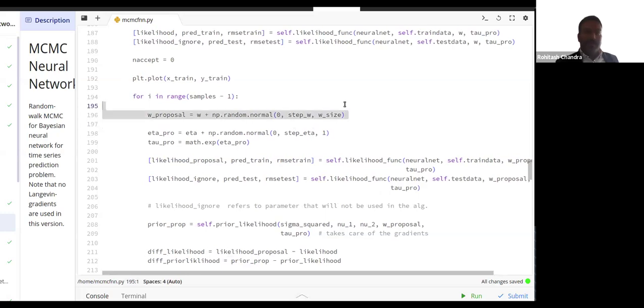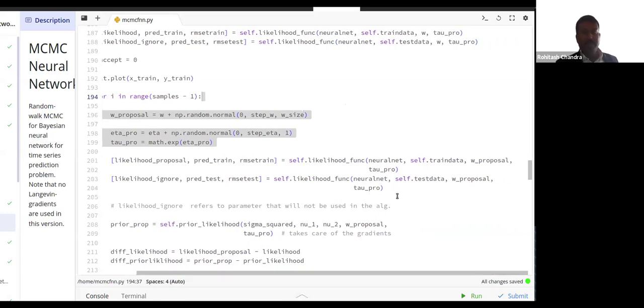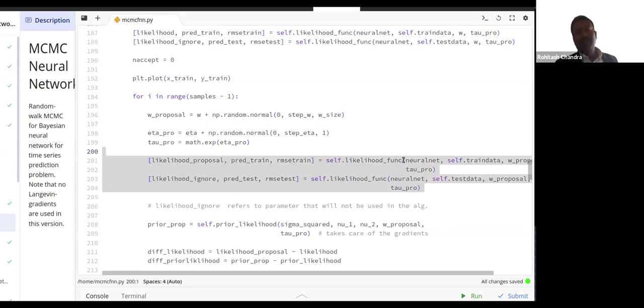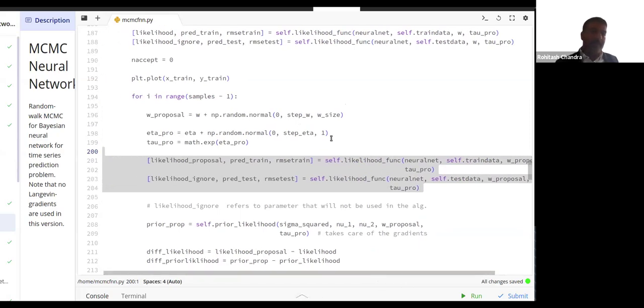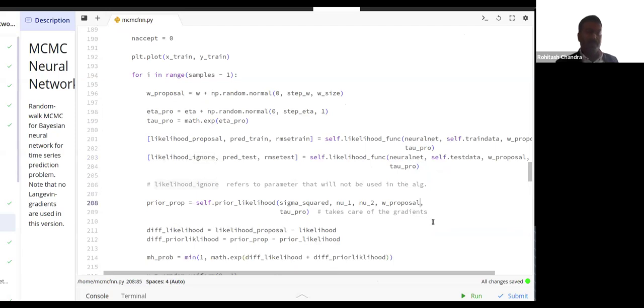So we have the proposal, the eta proposal and the tau proposal, and that's the first step where we draw from the distribution. The second step is we evaluate and get the likelihood. In order to get the likelihood, we look at the train data, the test data, right? And I said in the previous lesson, for the test data, we ignore it, we don't really need to use it.